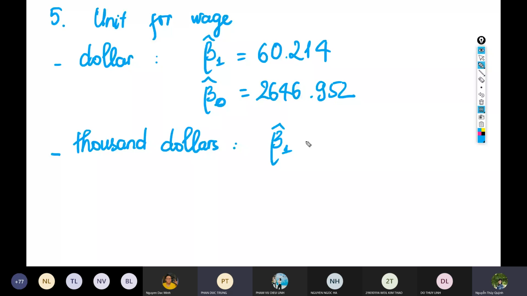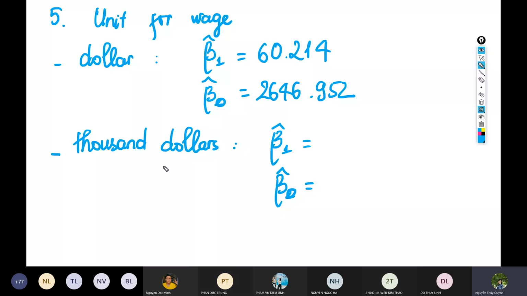I think we just simply take the old ones and divide them by 1,000 because now the unit is $1,000. Yeah, so come back to the slide. We talked about the change in measurement unit.